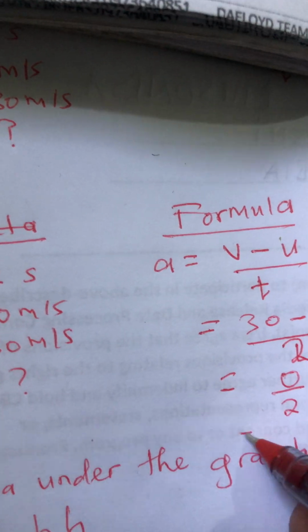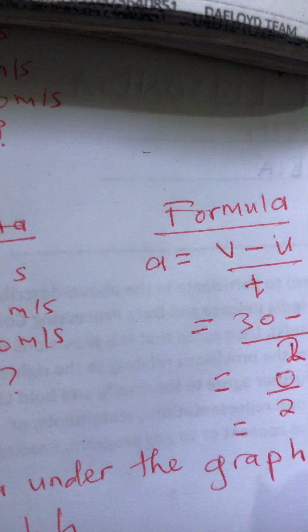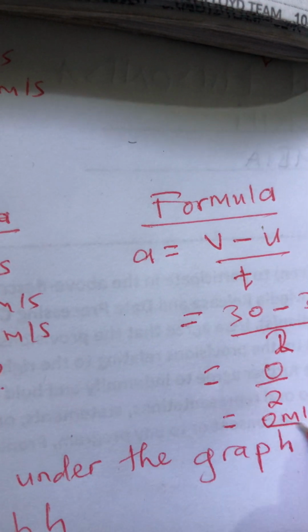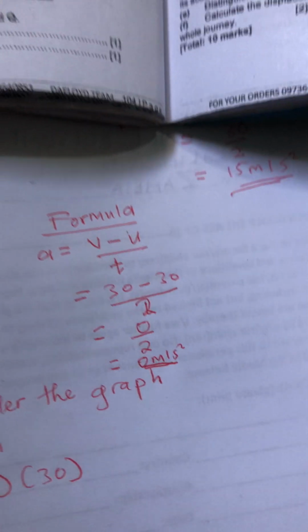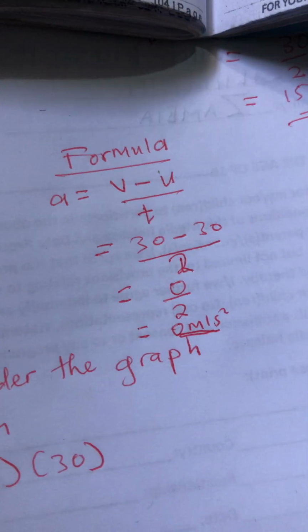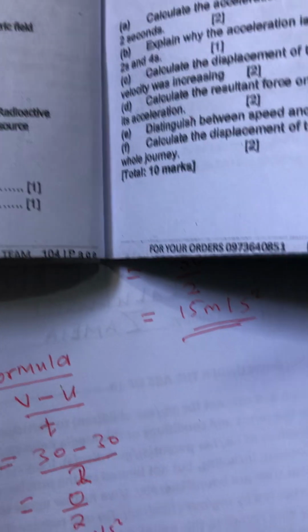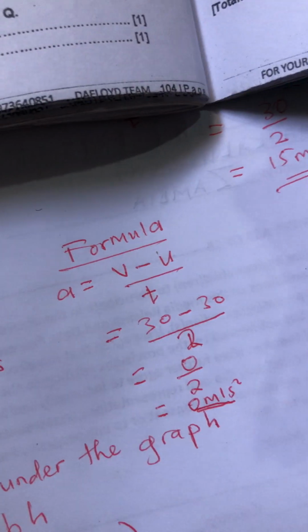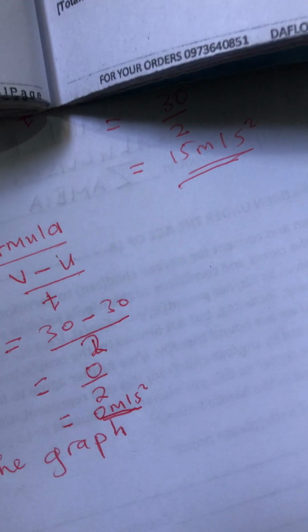If you divide 0 by 2, you're going to have 0 meters per second squared. That is why we have 0 meters per second squared as acceleration. So when the velocity is not changing, in conclusion, acceleration is 0. Hope it's making sense.